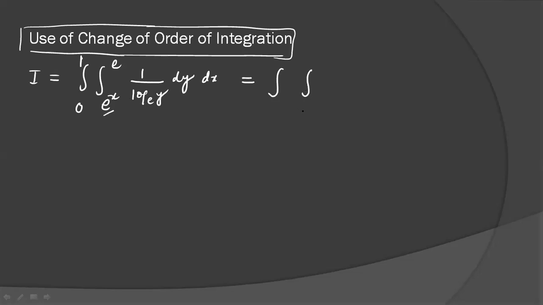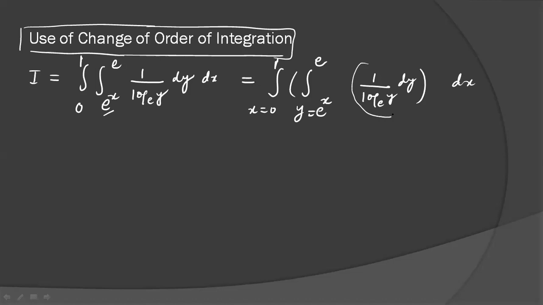This is in the form of variable x, so this is the limit of y here, and it must be the limit of x. We have to integrate with respect to y first, but we cannot integrate 1 over log y. So we cannot integrate right now. But if we change the strip or change the order of integration, we can solve it.